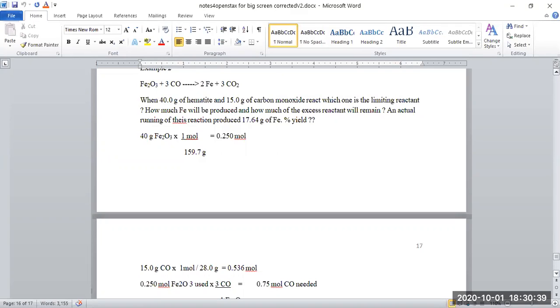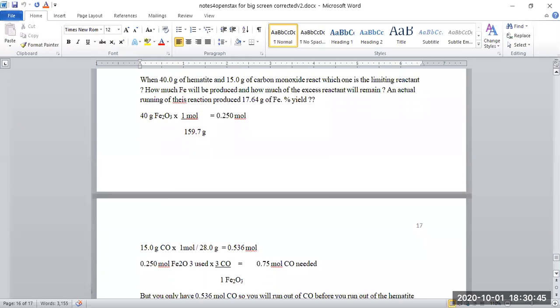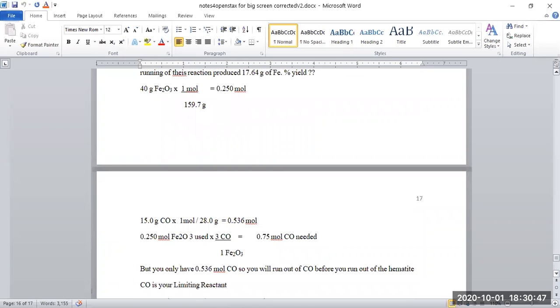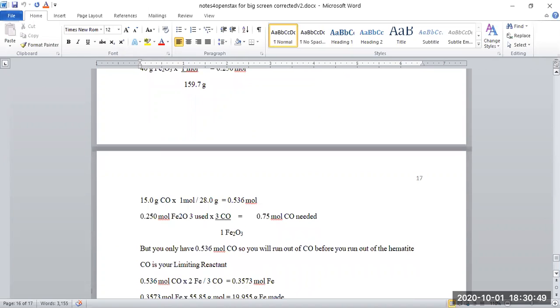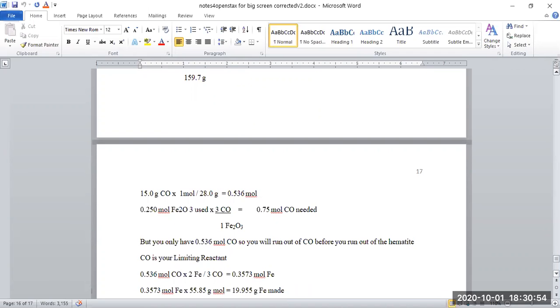It only weighs 28. I have a little over half a mole. So I'm going to make an assumption, which doesn't turn out to be true. I'm going to assume to start this problem that I'm going to run out of the iron oxide before I run out of the carbon monoxide.